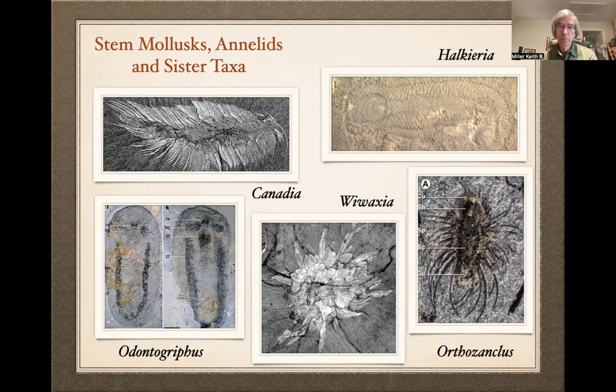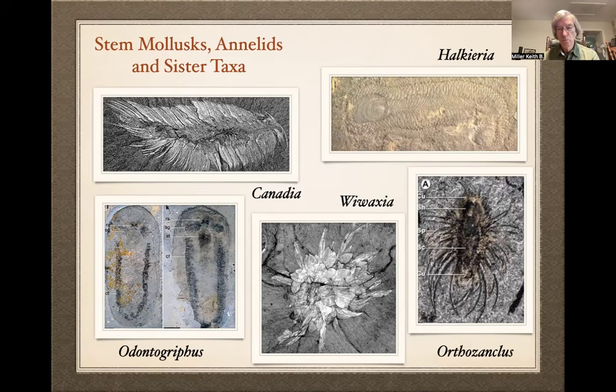But what's interesting is in the earliest Cambrian, you have a very wide diversity of organisms, the wiwaxiids, the halkieriids, and others, which have both mollusk and annelid characteristics in the same organisms. So these are sister groups, okay?